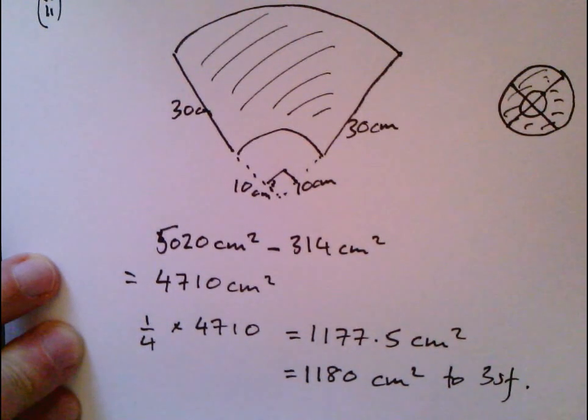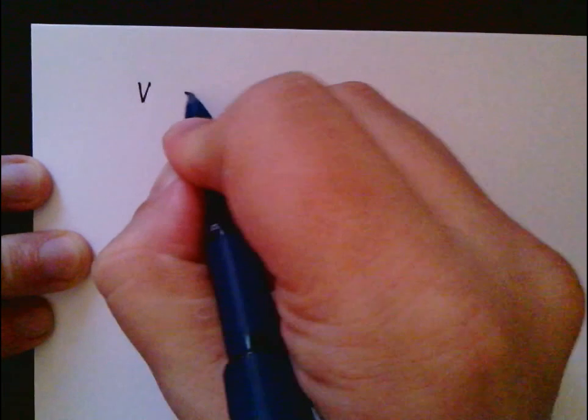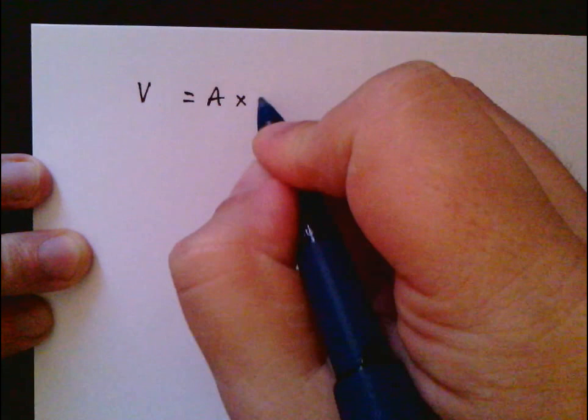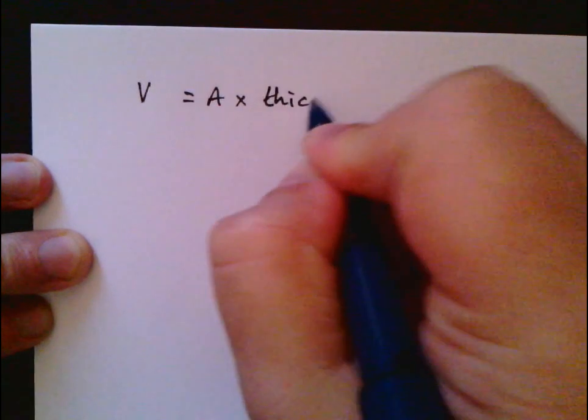Okay, so the next question. Rain is falling heavily, and each time it travels across, there's a layer of water which is 0.008 centimeters thick. Now, we know that volume equals area times thickness in this case.